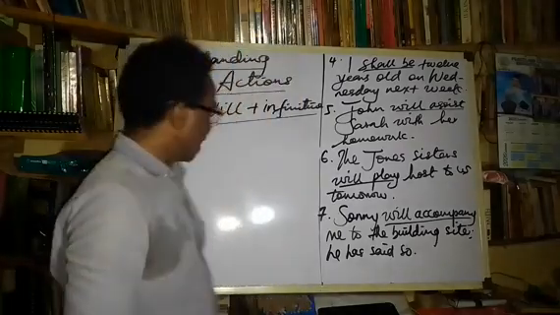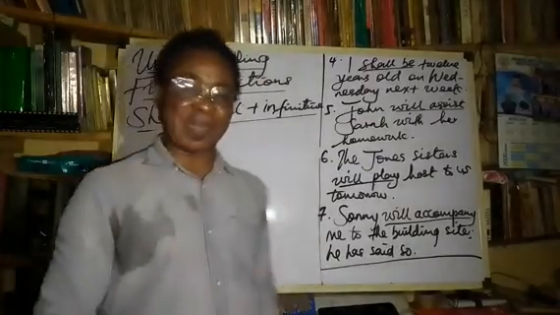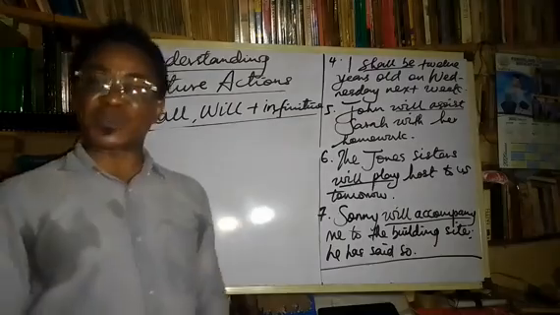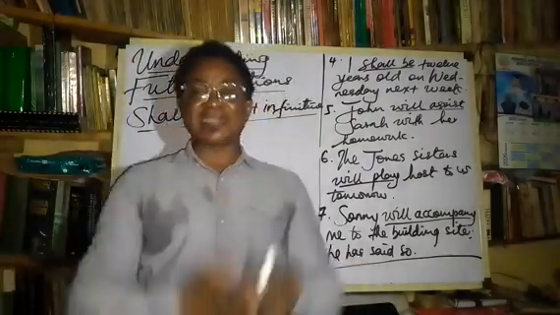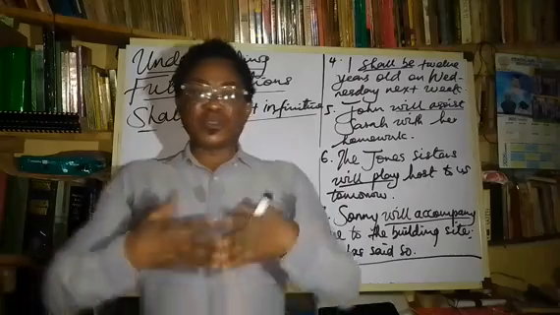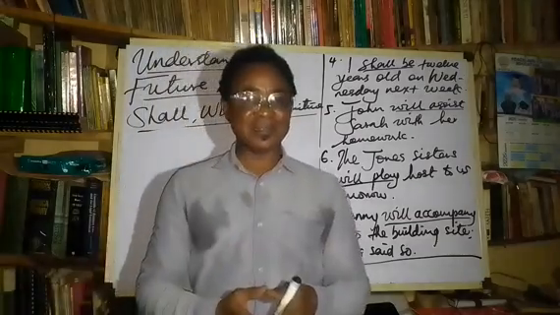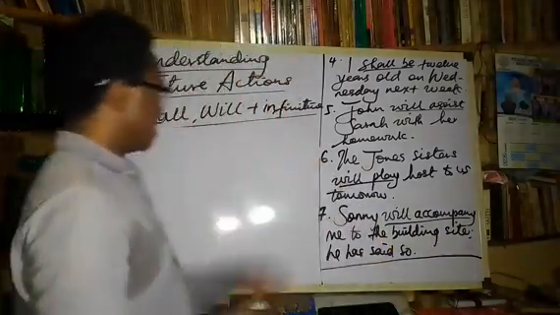So let's now talk about the other future actions in general, apart from the ones we have illustrated on the board. Let's talk about actions planned for the future, usually with a willingness to do or the absence of it. We've already had some examples.